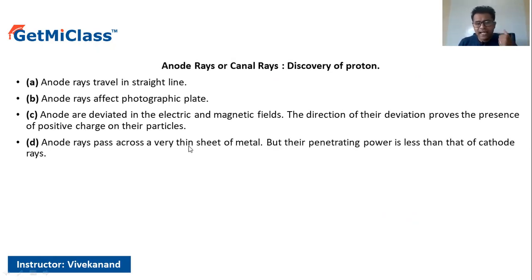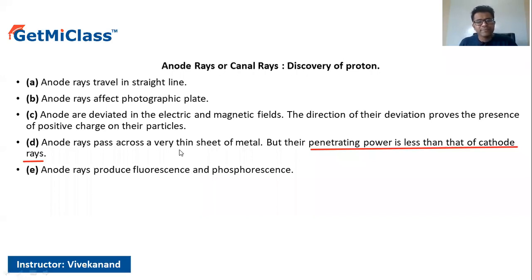Next, the anode rays can also penetrate through a thin sheet of metal, but the penetration power, this is very important, is less than that of the cathode rays. And the anode rays produce fluorescence as well as phosphorescence.